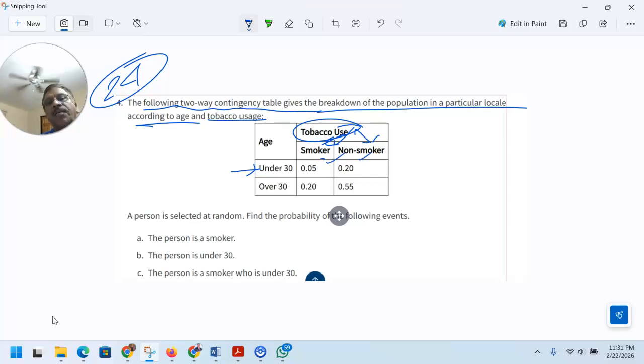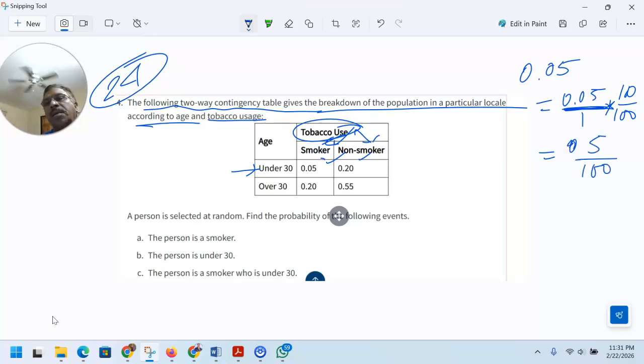If I write 0.05, what this means is 0.05 out of 1, relative to 1. If I multiply by 100, this becomes 5 out of 100. The decimal moves two places, just like 5%. So 5% are smokers and under 30. That's what this basically means.